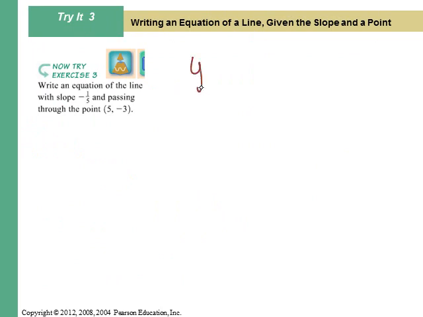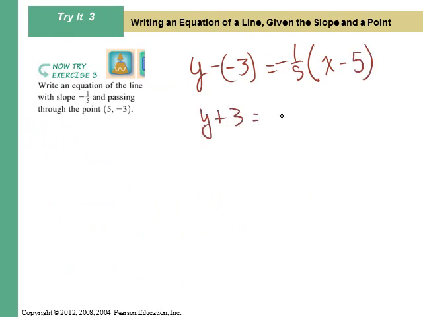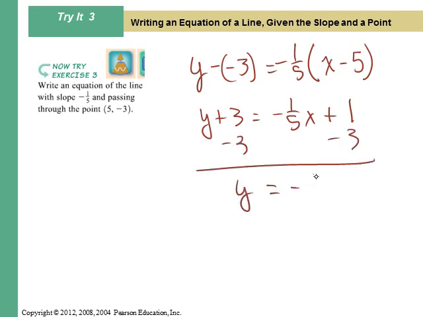All right, so we write y minus negative 3 equals negative 1/5, and make sure you put in the parentheses, x minus 5. Y plus 3 equals negative 1/5 x plus 1. Negative 5 times negative 1/5 is positive 1. Subtract 3 from both sides. You get y equals negative 1/5 x minus 2.